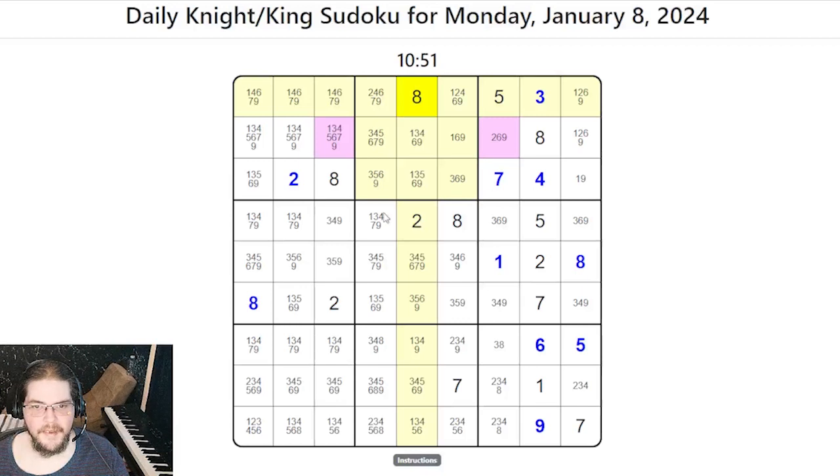That gives us great headway into our 8s. These two mean that the 8 in the bottom left square has to be in the center, and this blocks off the top 2 of the center. So we know that the bottom center there has to be an 8.